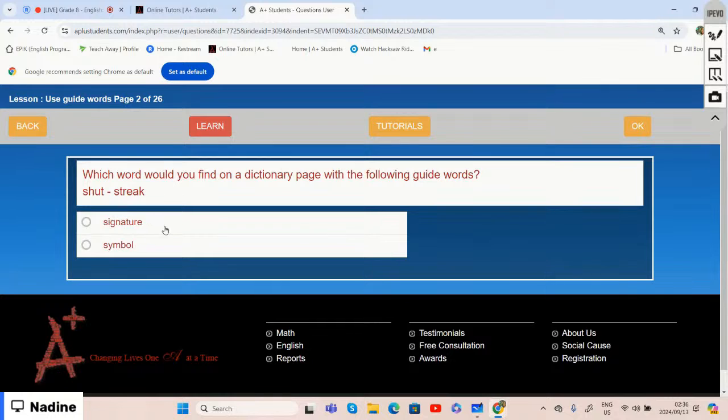Is it signature or symbol? Signature or symbol? Look at the second letter. Will we find I between H and T, or will we find Y for symbol between H for shut and T for streak? Which one is correct? Option one, signature or symbol.